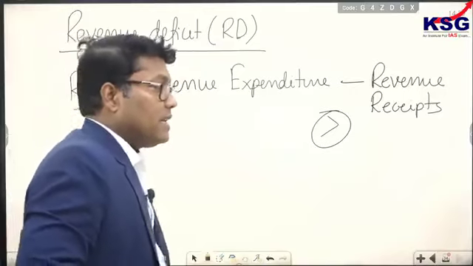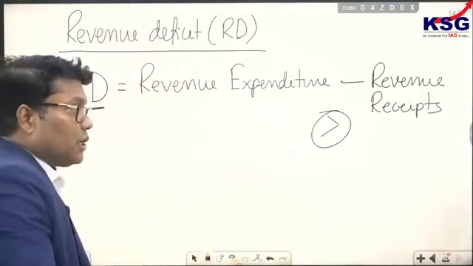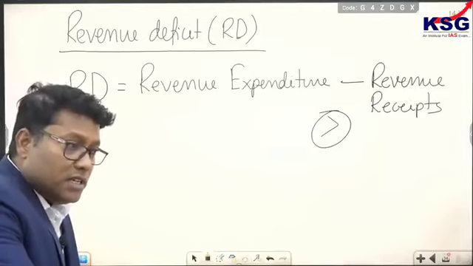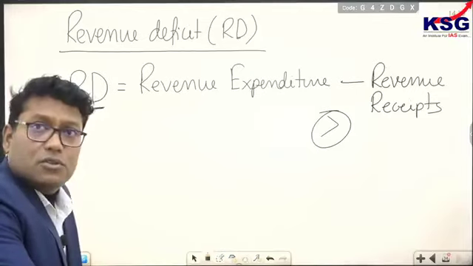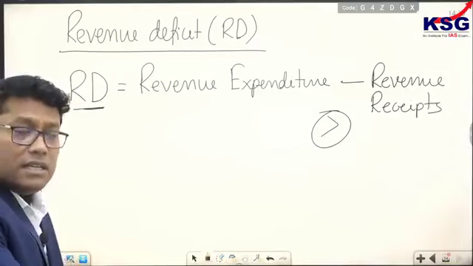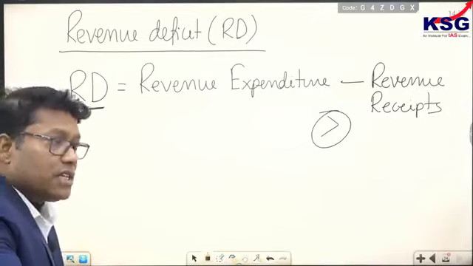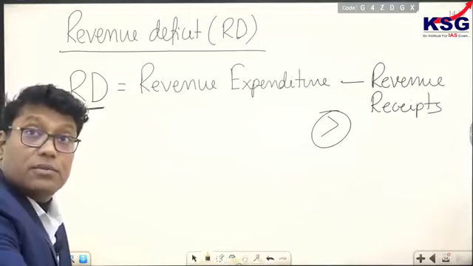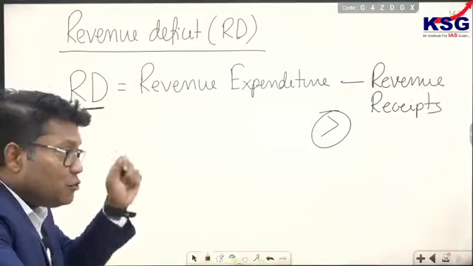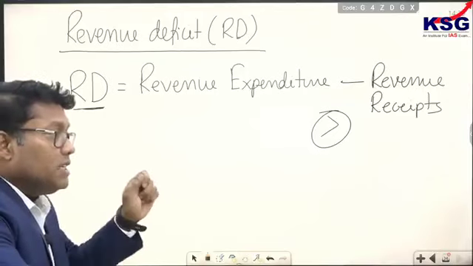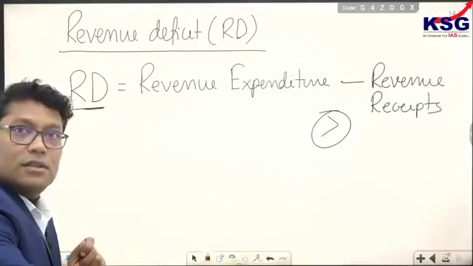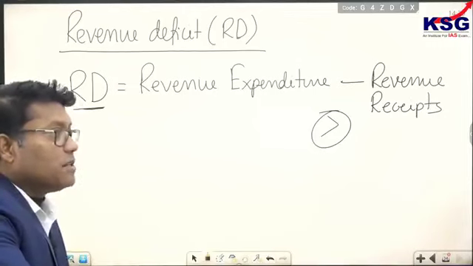It simply implies that the government is not in a position to meet current consumption, or day-to-day expenditure, from their own resources. So even for meeting the day-to-day expenditure, the government is depending on borrowings, which is not good for the government.